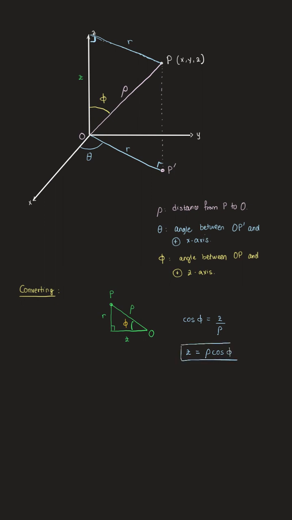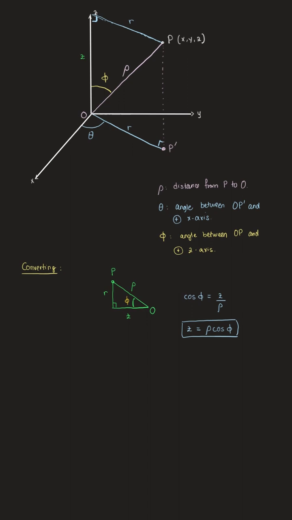That is one relationship that we have here. Okay, so we also have from this right triangle that the sine of phi is going to be r divided by rho. So we know that r is rho sine phi.